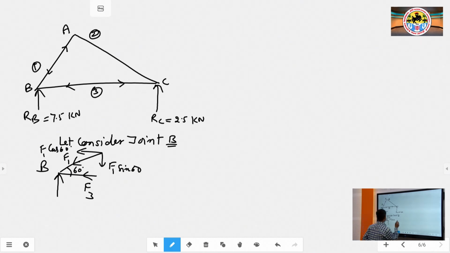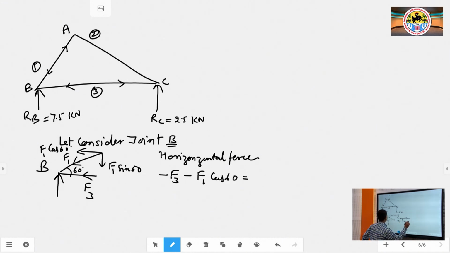So, considering the horizontal forces, F3 minus F1 cos 60 is equal to 0.